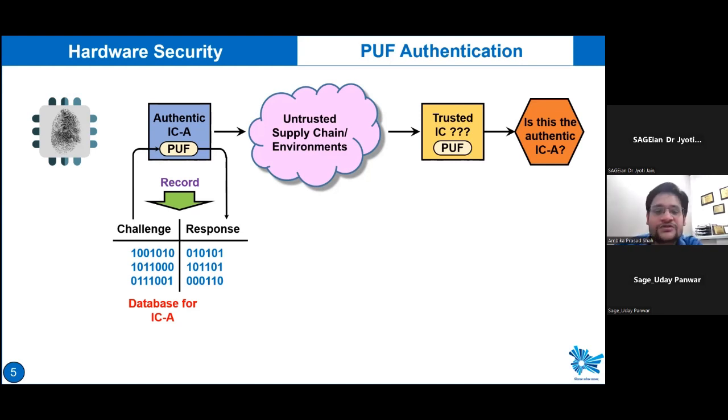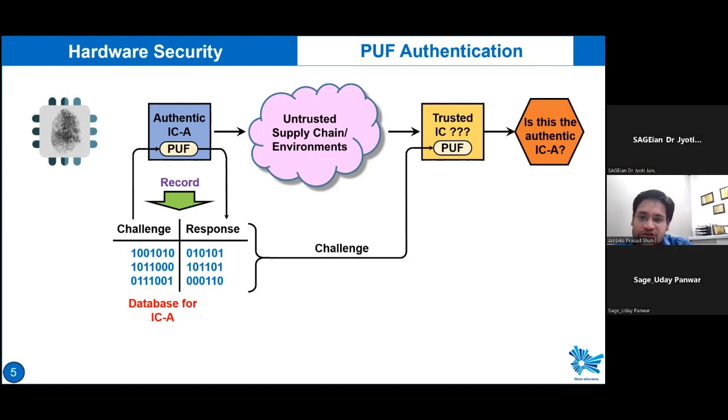For that purpose, I will apply the same set of challenges to the IC which I have received. If it is trusted, I must receive the same set of responses, because I'm providing the same challenge. So if both the responses are the same, I can say I have received the trusted IC.